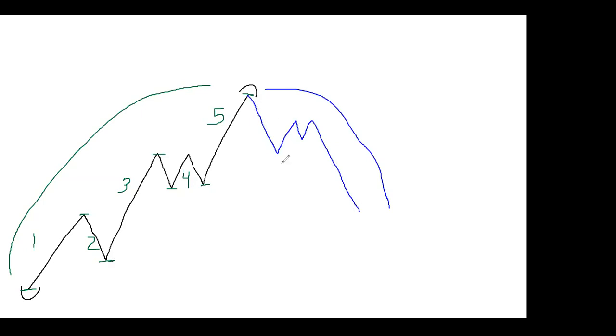And on these retracements, once you get familiar, you don't have to label them on your charts or anything like that, but for the training purpose, I'm going to label them for you. So from this high to this low, you've got wave A. From this low to this high is wave B. And then from this high to this low is wave C. Okay.